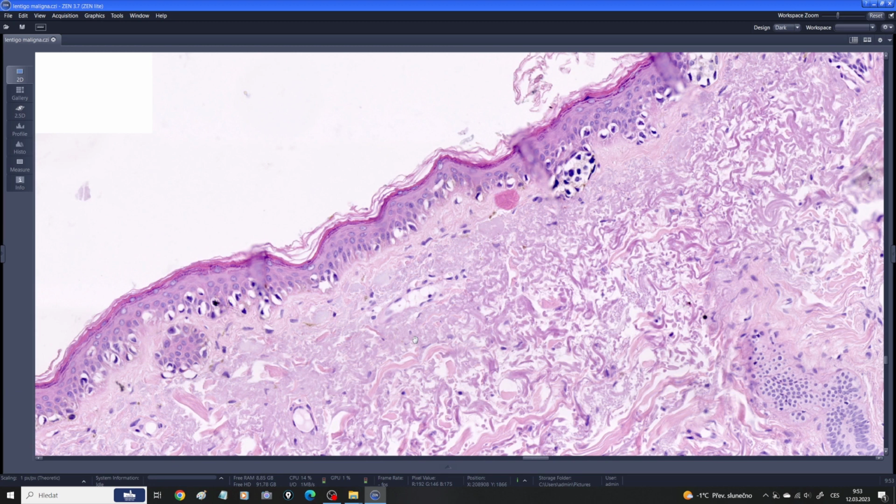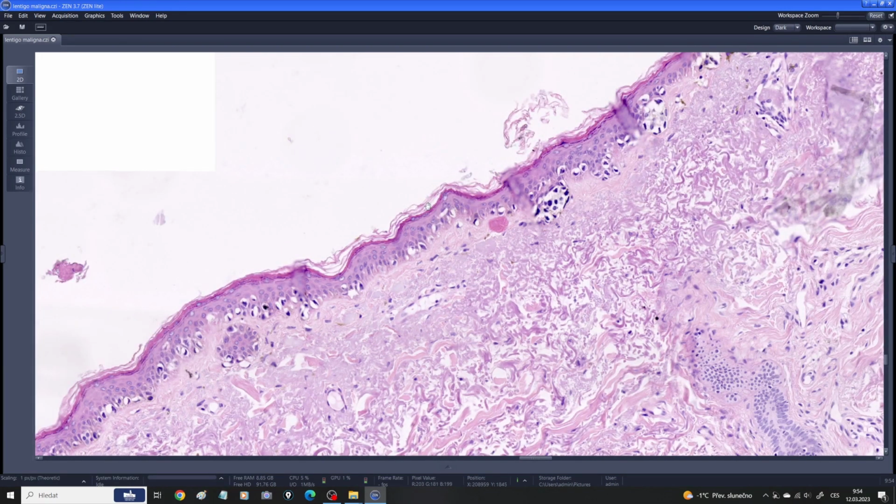Such a lesion will be called superficial spreading melanoma, which we will discuss in a minute. And then as a last step, the dominant growth pattern will become vertical, and you will see a big and deep lesion, which will be called nodular melanoma, which we will describe at the end of the lecture.